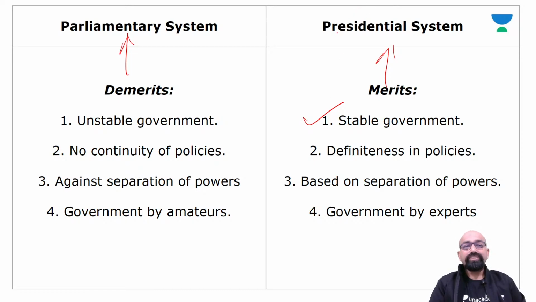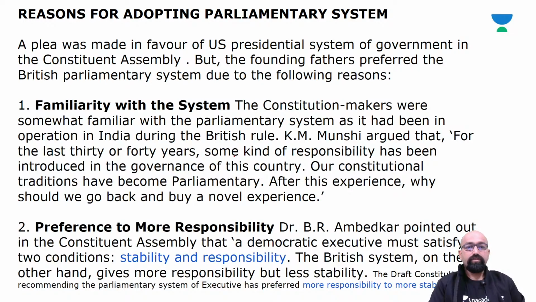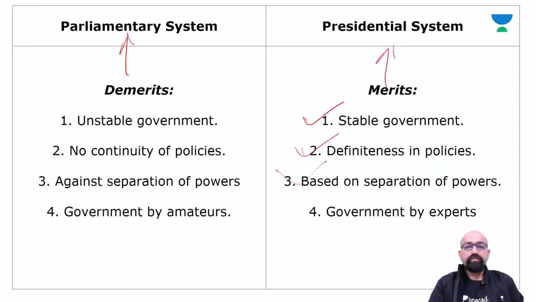No continuity of policies in the parliamentary system, whereas definiteness of policies in presidential system. Against separation of powers is the demerit of parliamentary system, whereas based on separation of powers is the merit of presidential system.